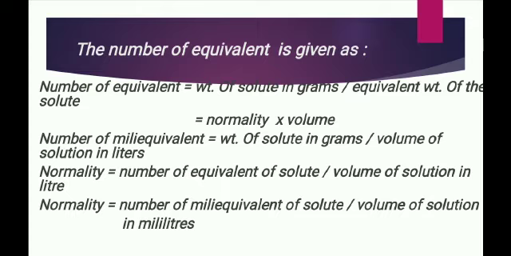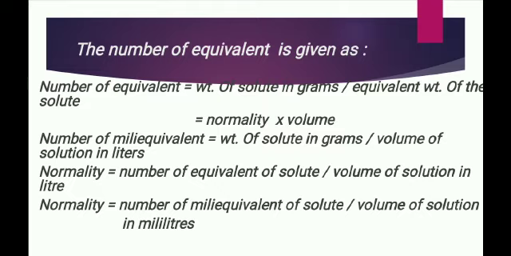Number of equivalents is given as weight of solute in gram divided by equivalent weight of the solute, which is equal to normality into volume. Number of milliequivalents is equal to weight of solute in gram divided by volume of solution in liter.